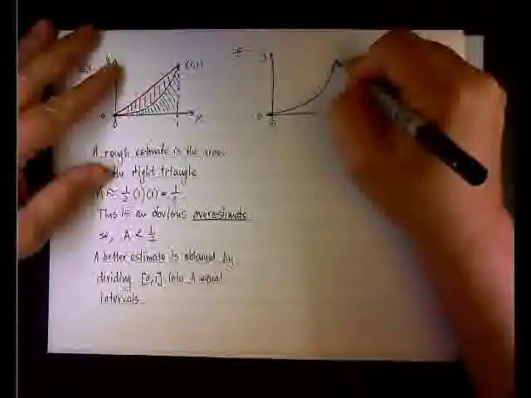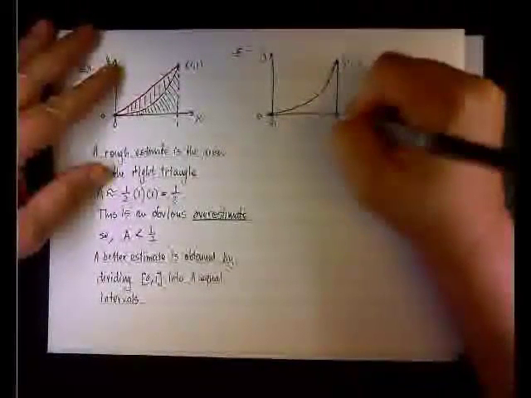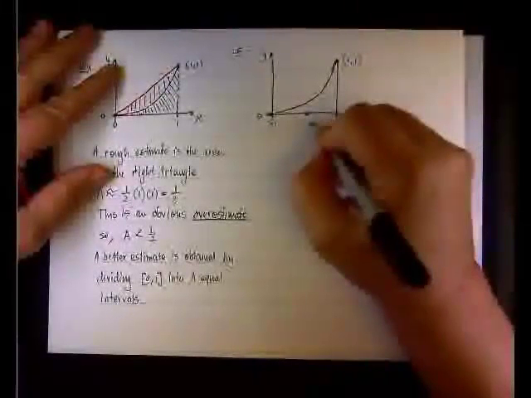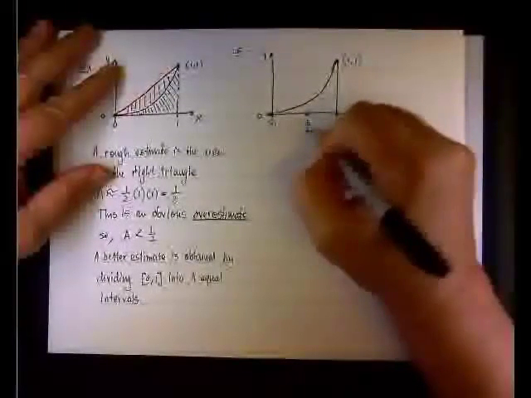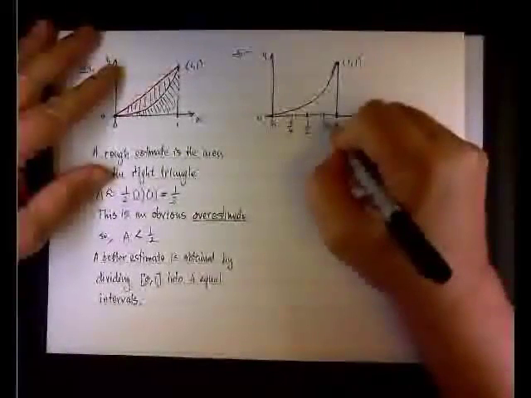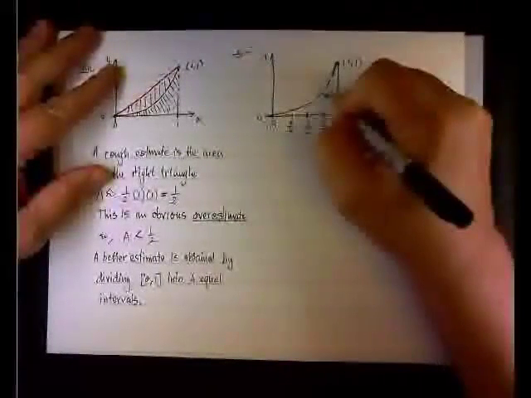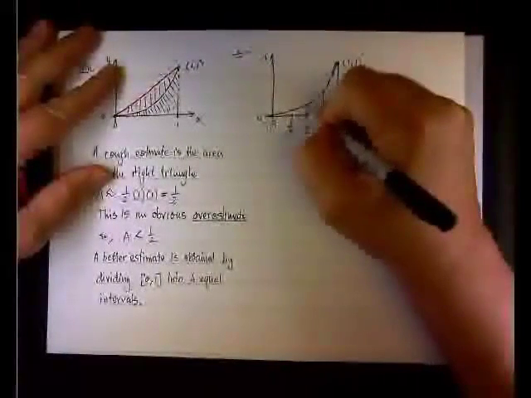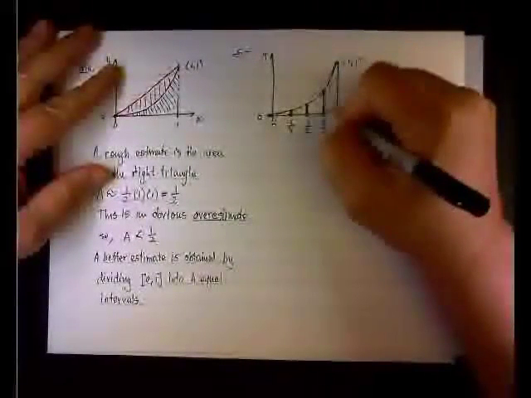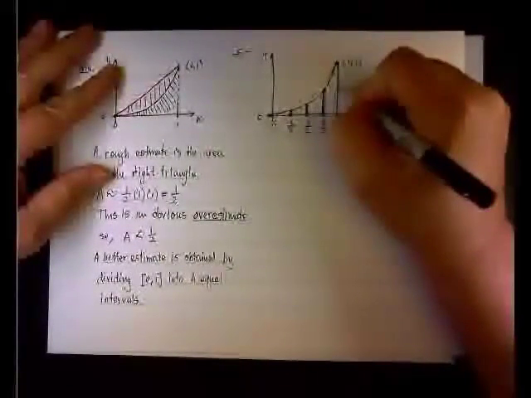So what we are saying is the following. We're going to break it into 4 equal intervals. So this will be 1/2 in the middle, 1/4, and 3/4, like so. And now I'm going to slice this area into 4 pieces, equally spaced.